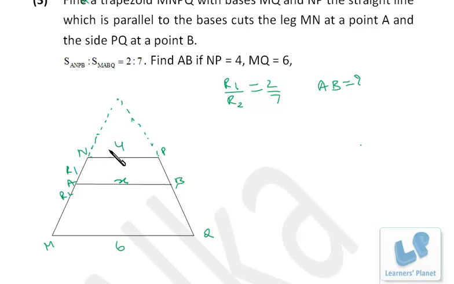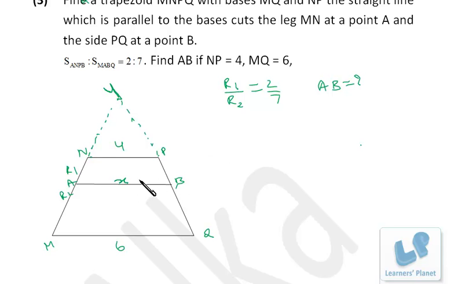Suppose this is, say maybe, y, right? So area of y and p will be 4x whole square, that's 16x square, right? Area of this YAB will be x square in proportion to their side, so that's x square, right?